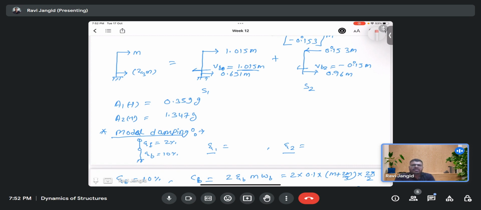The fourth one is the water tank one. There, if you see t less than td, t greater than td, we have two responses, a free vibration case and a forced vibration case.